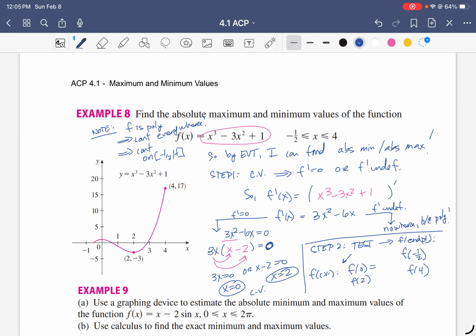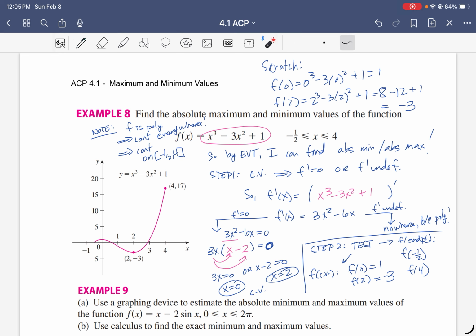Maybe if you'll allow me to do some scratch work up here, I'm going to show you that f of 0 is 0 cubed minus 3 times 0 squared plus 1, which is 1. f of 2 is 2 cubed minus 3 times 2 squared plus 1. That's going to be 8 minus 12 plus 1, which should be -3. So that's -3.